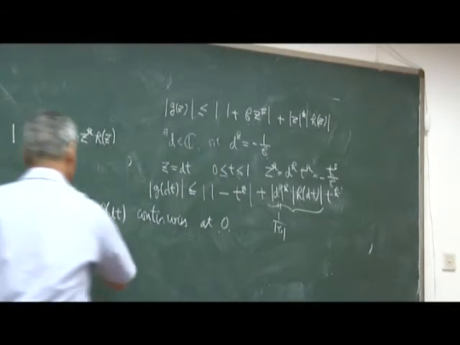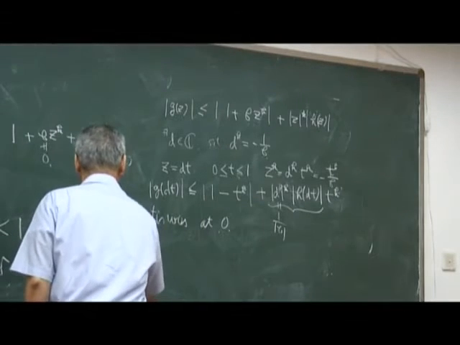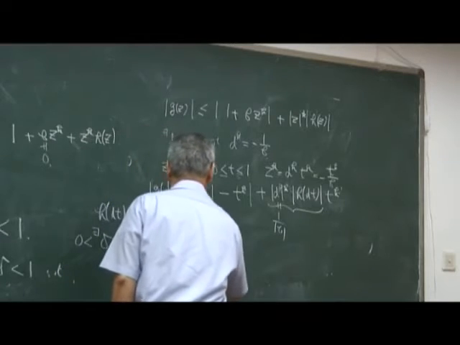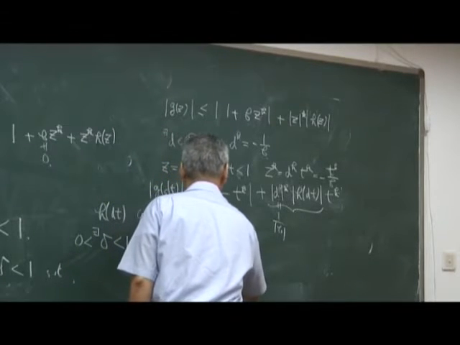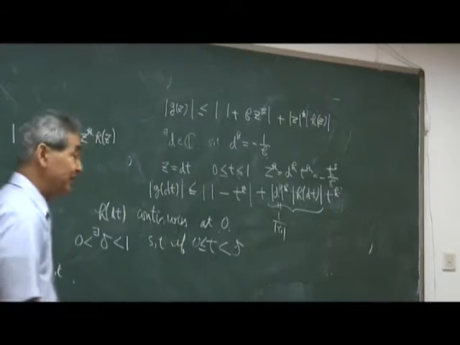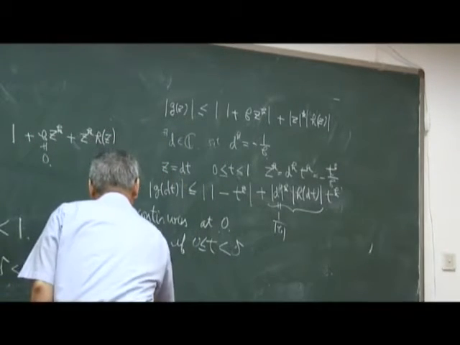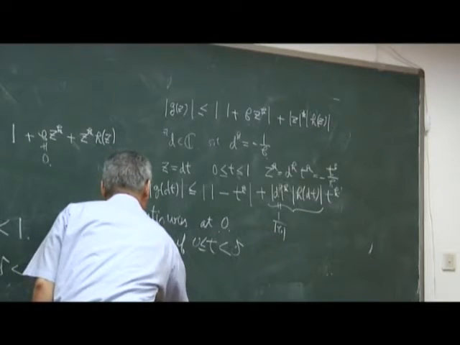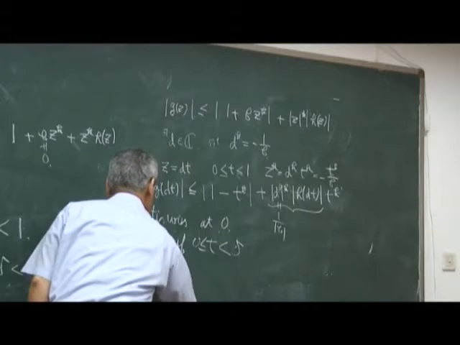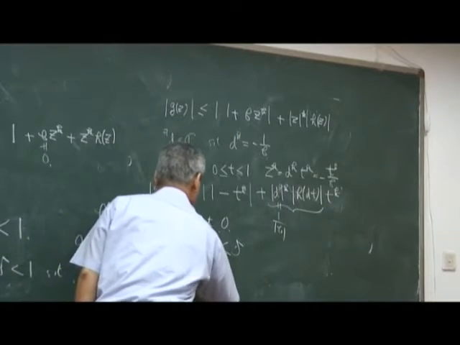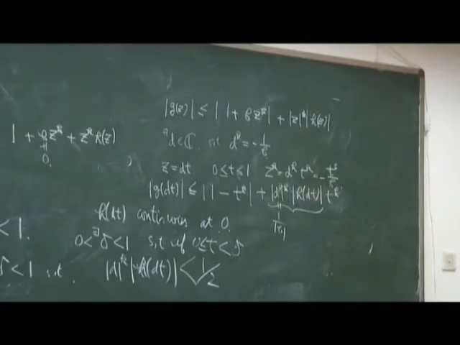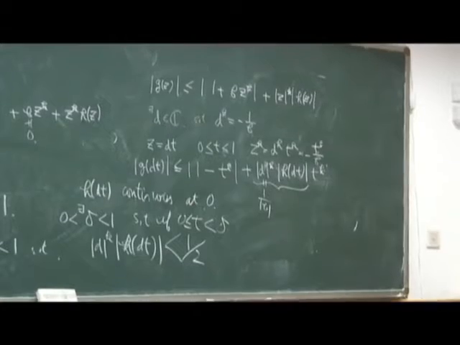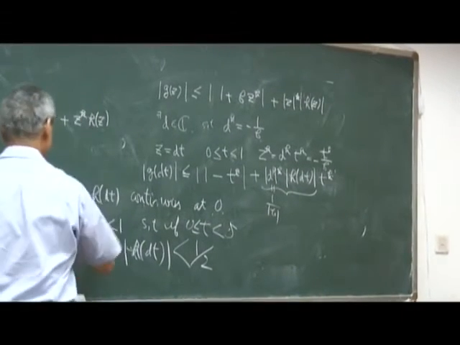So this means there exists delta such that if t is less than delta, then dk of h is small. Okay. Oh, you can't see. Sorry. Yeah, it's about this.